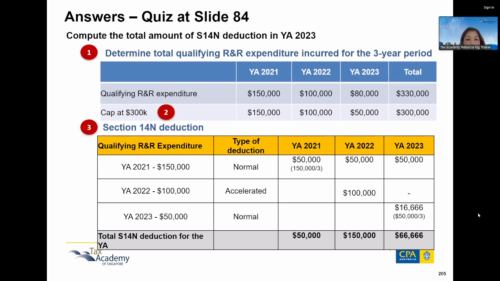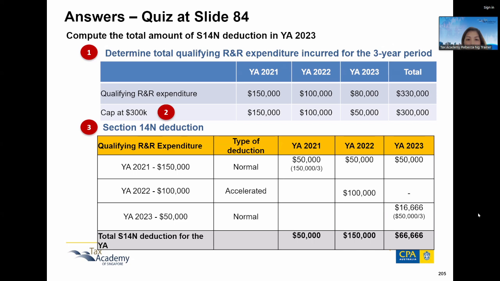Now new information for YA 2023. We have to look at the cap of 300,000. So 2023 has a qualifying R&R expenditure of 80,000, but because of the 3 years period that is capped at 300,000, we have to reduce the YA 2023 qualifying expenditure to 50,000.